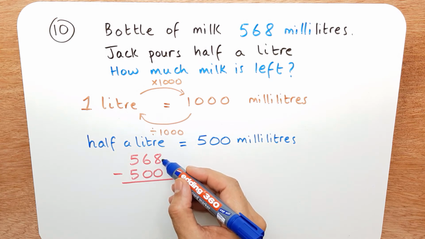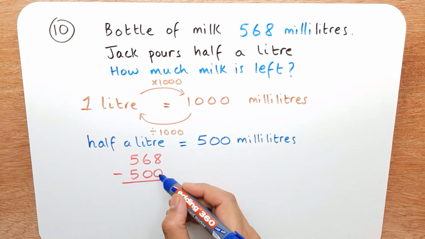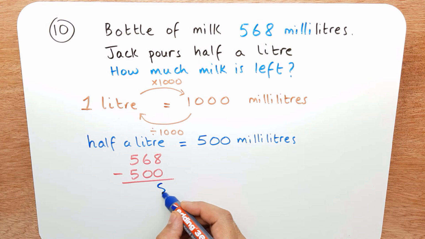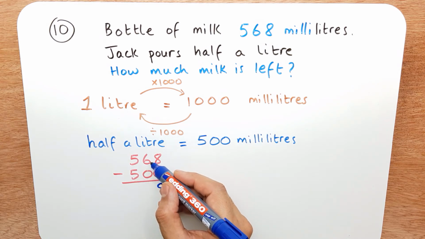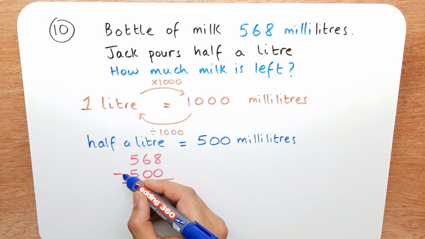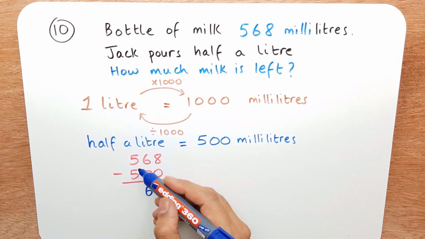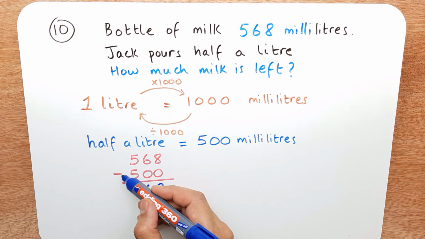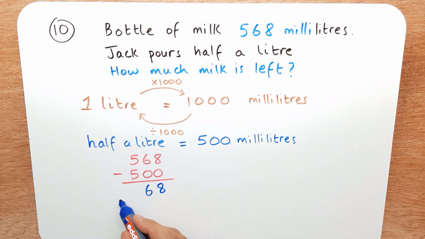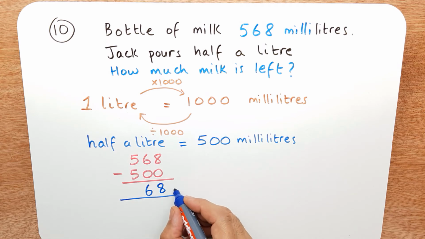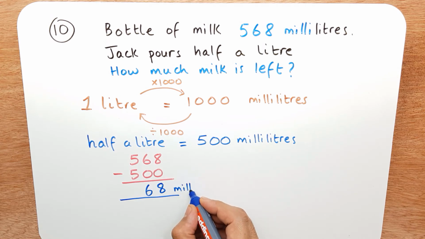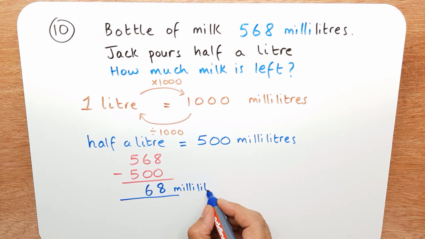So it's 8 take away 0 is 8. 6 take away 0 is 6. And finally 5 take away 5 is 0, so we can leave that. So our answer is 68 milliliters.